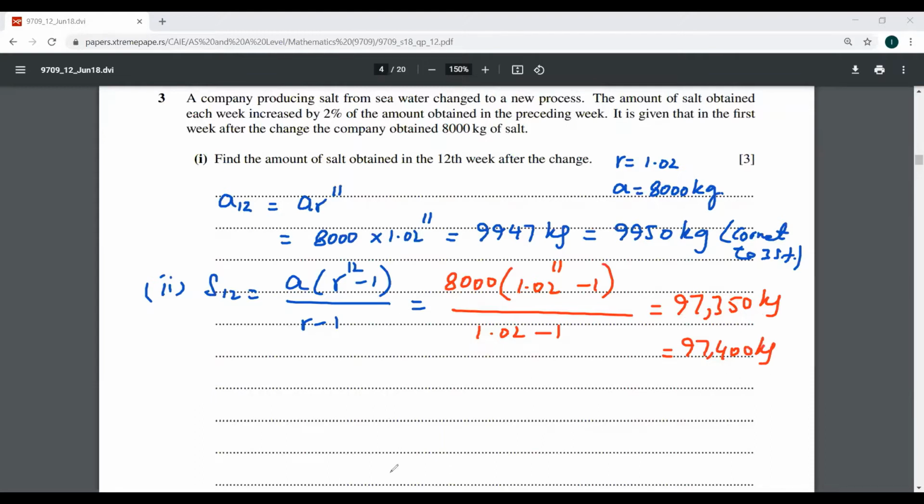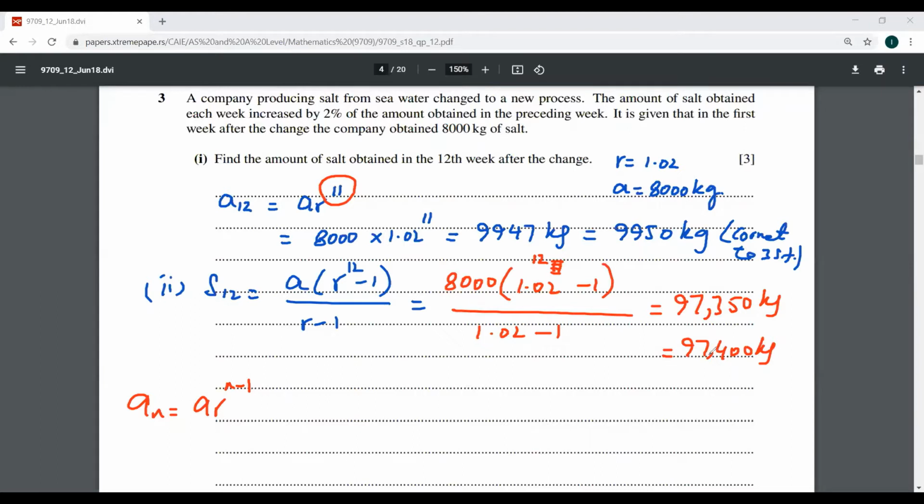Yes, beta. This has to be 12. That was 11 over here because when you have to find the 12th term, the formula is basically a n is going to be a r raised to power n minus 1. So please, you need to do the corrections here. This is 12 here.